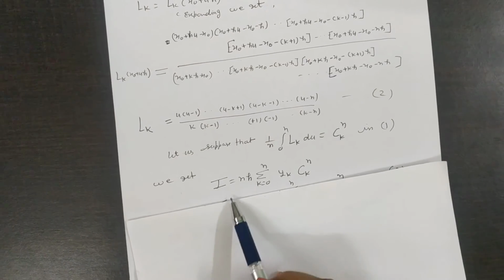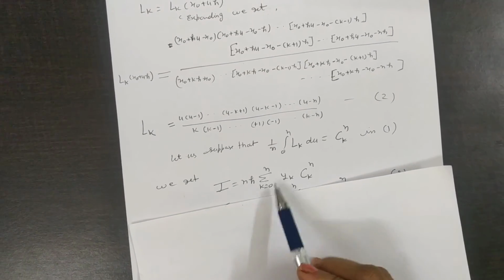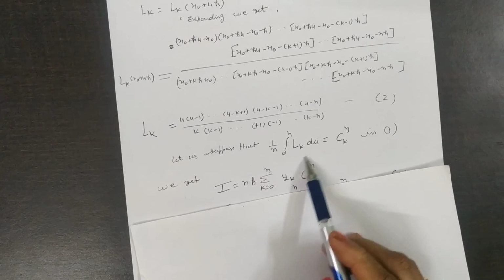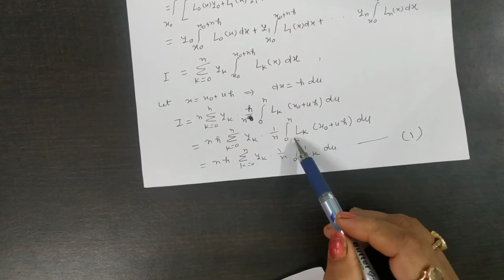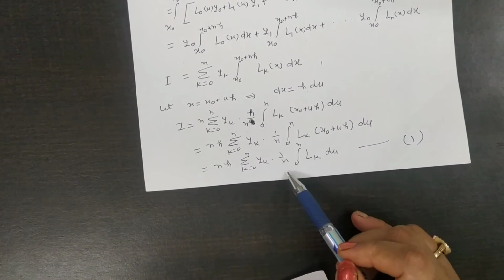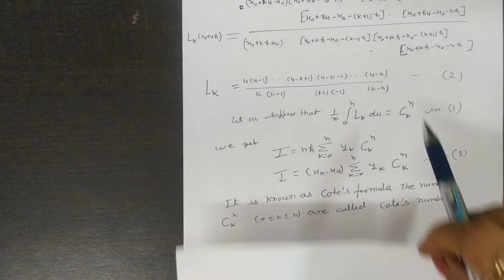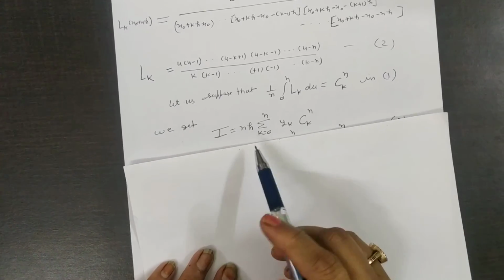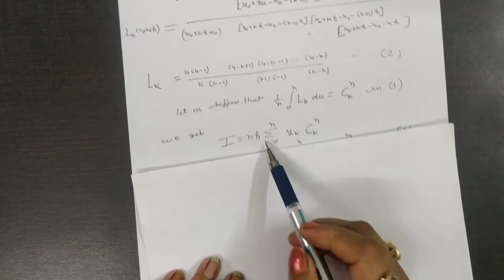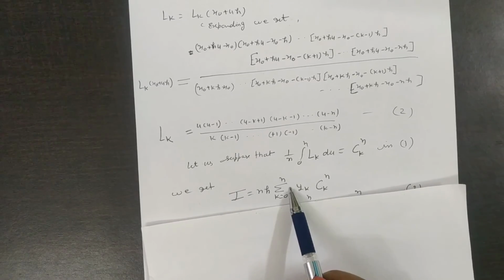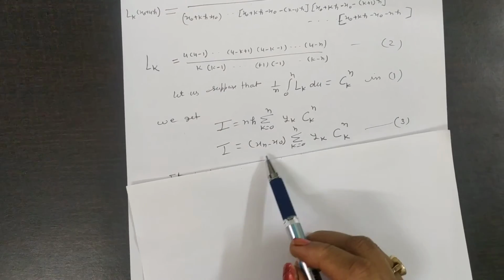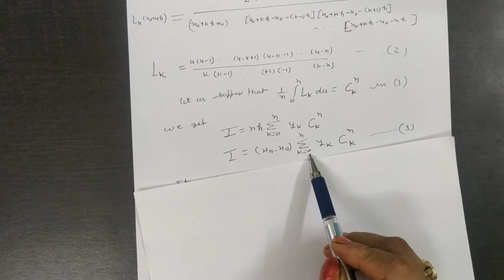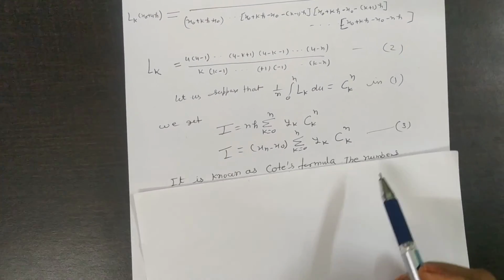So we get I = nh, sum over k from 0 to n, of yk times Ckn, where the integral term was replaced by 1/n times the integral. And nh can be written as xn - x0, so I = (xn - x0) times the sigma of k varying from 0 to n of yk Ckn.